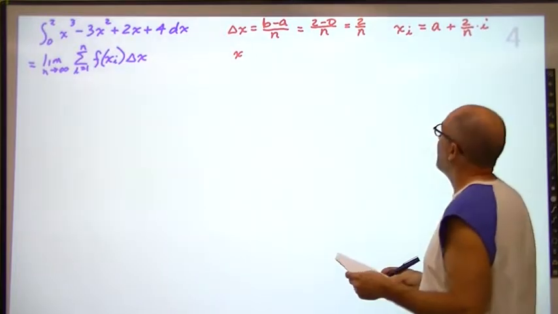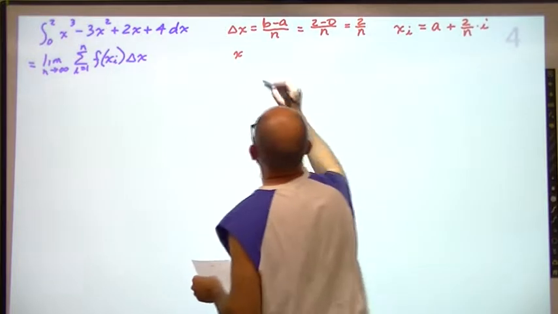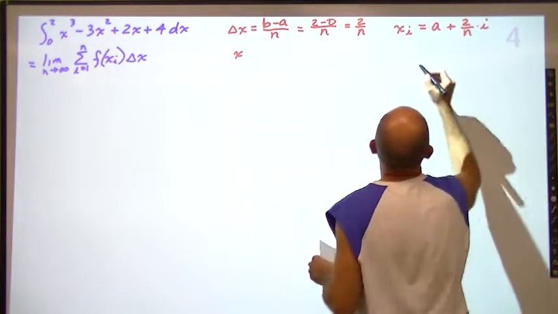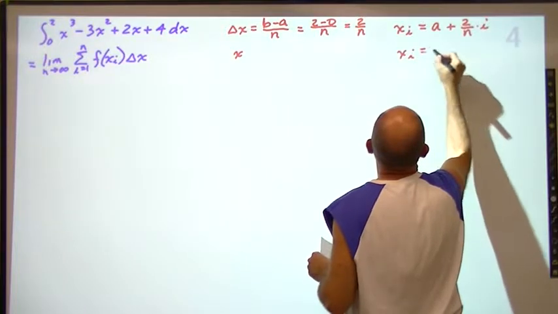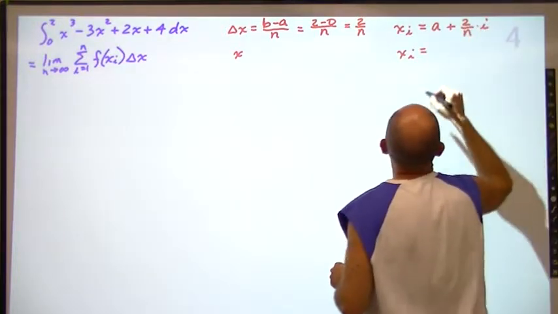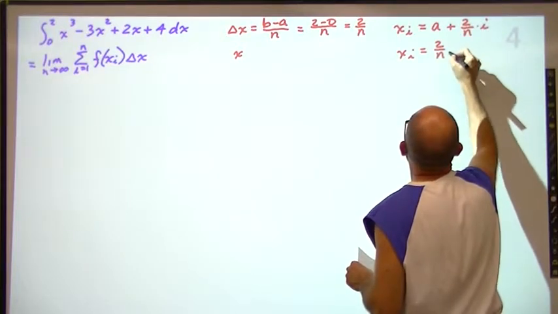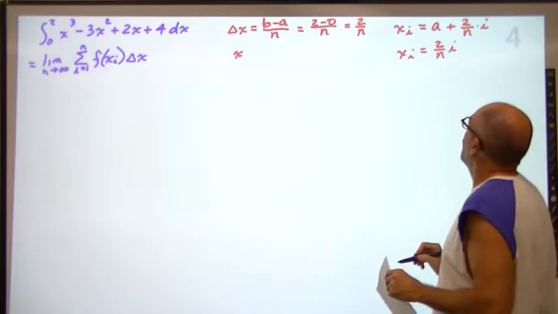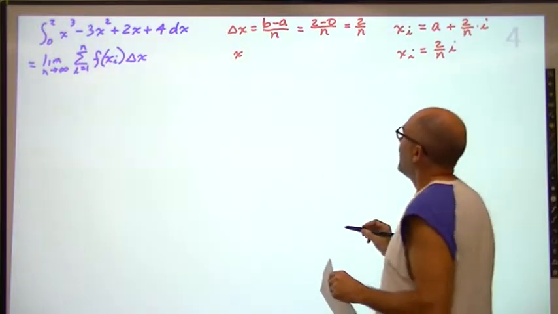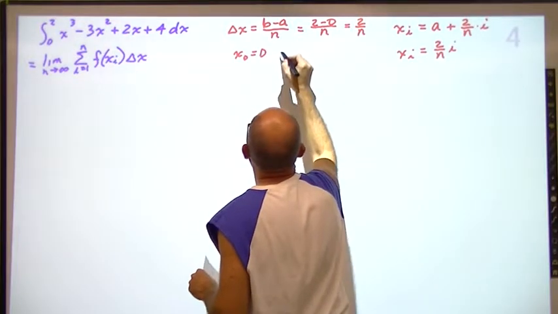Okay, so that means our x sub i, in this case, is going to be 0 plus 2 over n times i. Or 2 over n times i. Okay, that's our x sub i. So now what that means is x sub 0 equals 0.